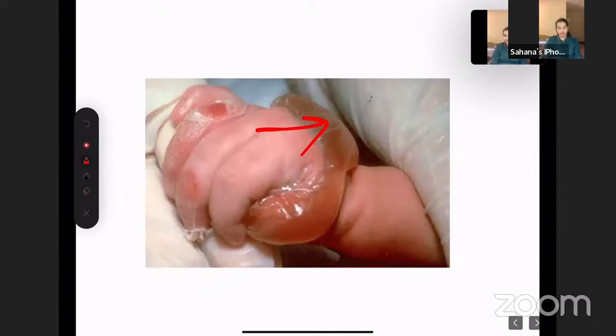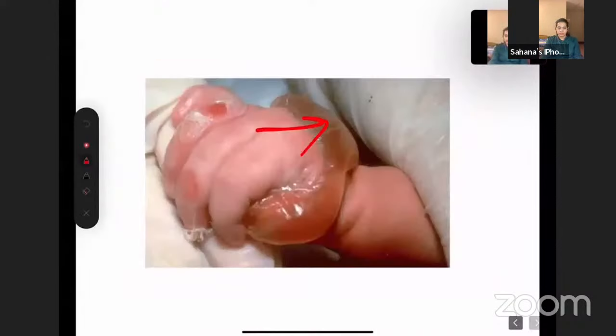This child was not diagnosed as a case of EB until later in life. It was just thought to be a friction blister or a traumatic blister. But when you see very young babies in the NICU and PICU who have very tense blisters, especially in the extremities, and you ask for a family history of consanguinity, you always have to rule out epidermolysis bullosa.